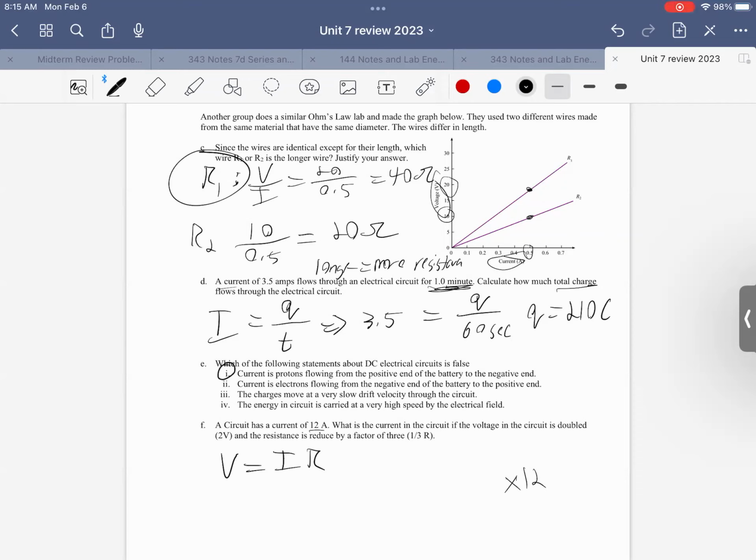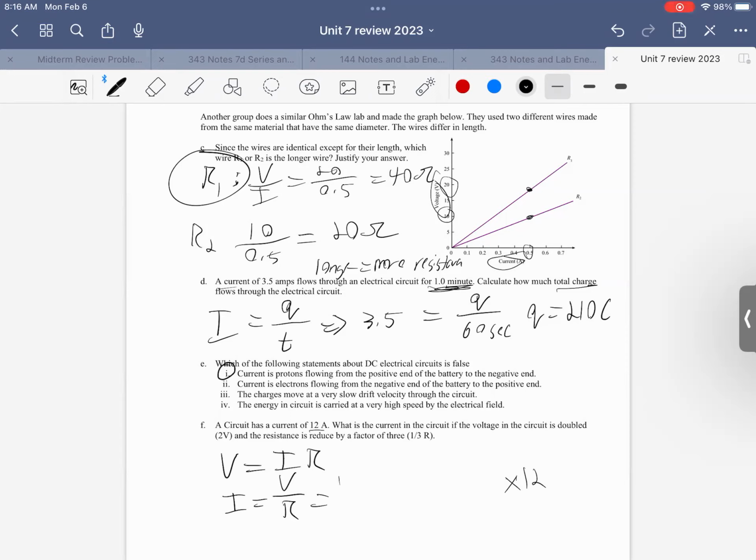But we need to look over here what happens to the current as we change different things. So rearranging this for current is equal to voltage divided by resistance. Resetting that up for the thing you want to see how it affects is going to be the best way to change it. And then we'll change the things that happen.